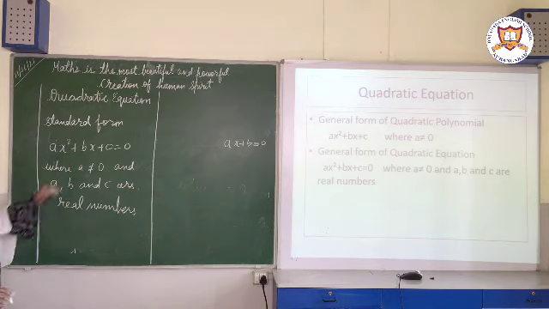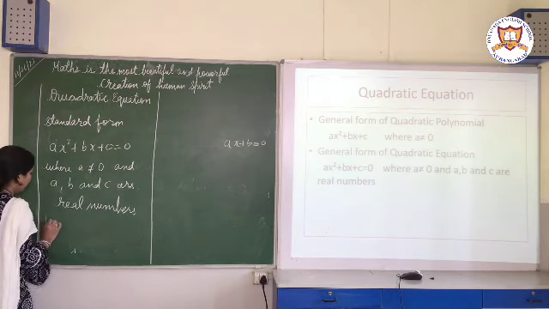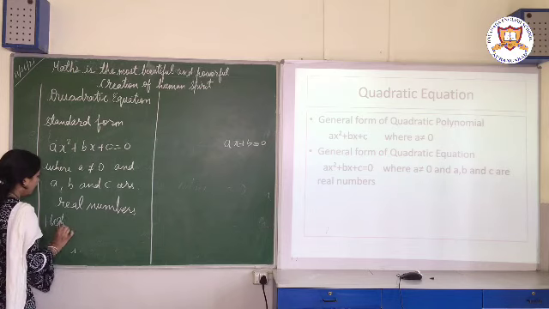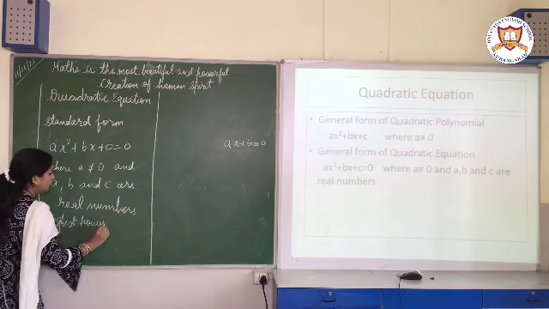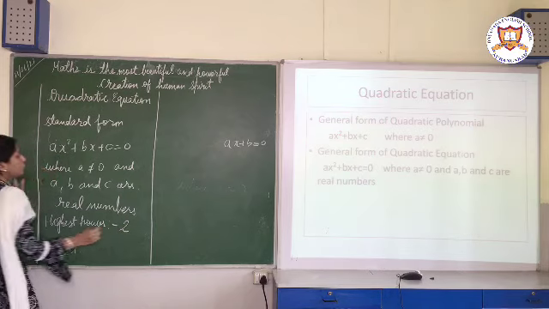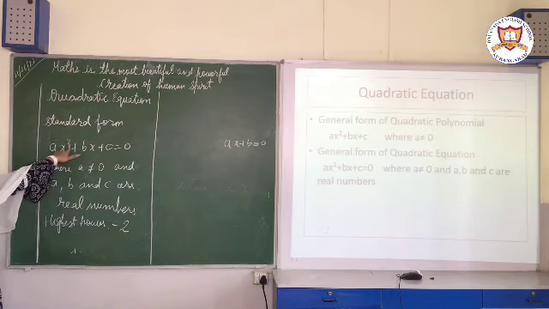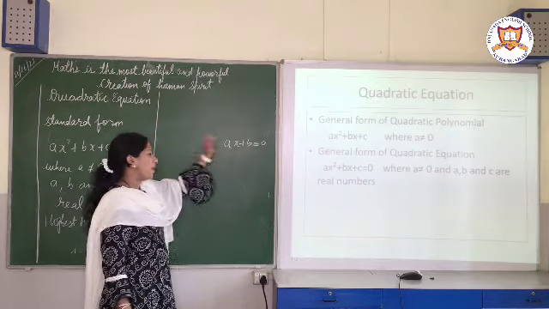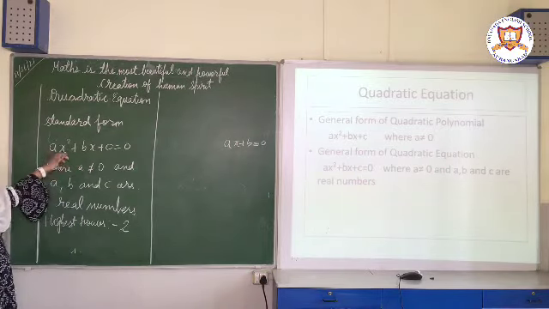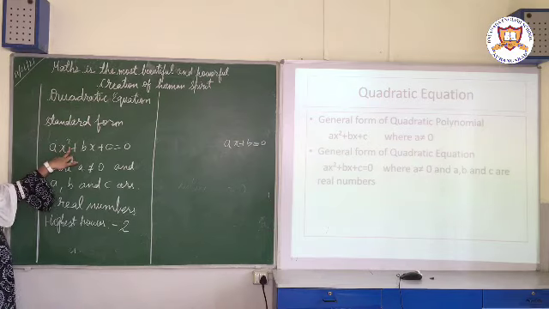Why is it a quadratic equation? If you see here, its highest power is 2. Now for linear equation, the highest power was 1, and for quadratic equation, the highest power should be 2.